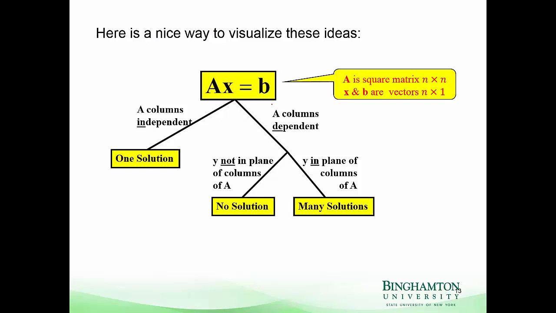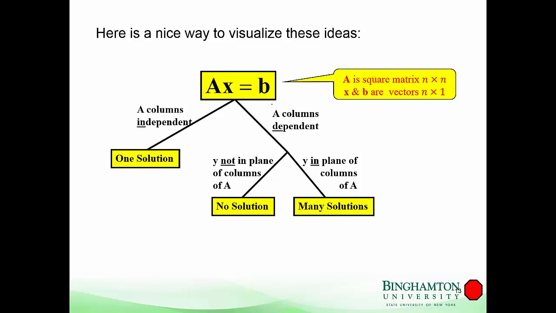And here's one nice way to visualize this. This is our last slide, and I like to draw pictures. When I'm working out math, I'm always trying to draw little diagrams that help me navigate through the concepts. For these things, I like to make these little bifurcation diagrams. I start from one place and I split.